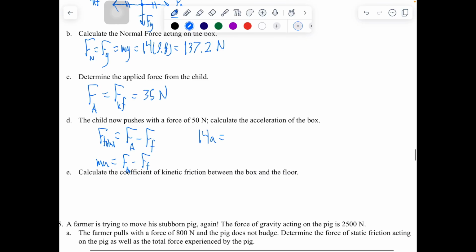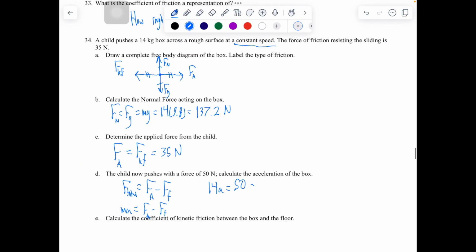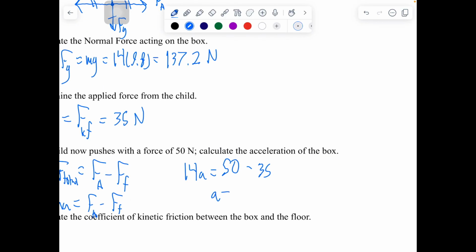The applied force is 50 newtons. Friction does not change. Friction is 35 newtons. So if we go through 50 minus 35, of course we get 15, and then we'll take that and divide by our 14 for our mass. That will give us an acceleration of 1.07 meters per second squared.